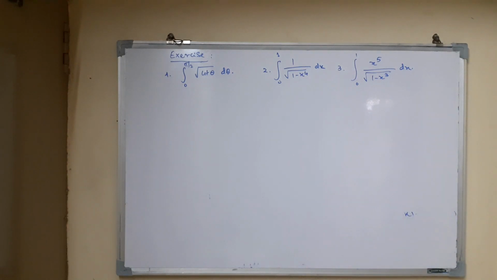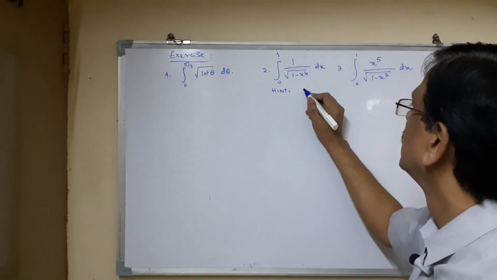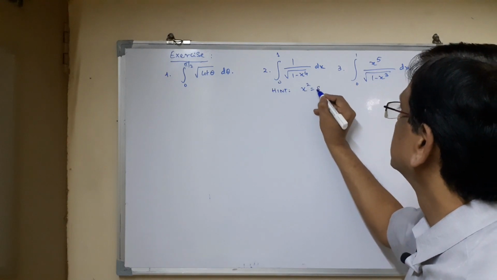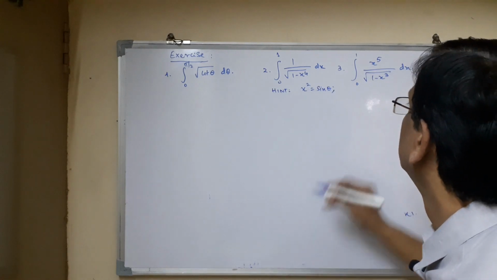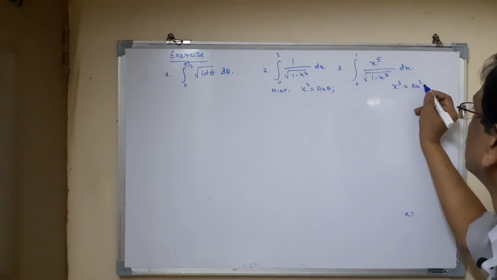For the second problem, try with x square equal to sine theta. And for the third one, put x cube equal to sine square theta. So the hint for this is x square equal to sine theta, and for this, x cube equal to sine square theta. Try.